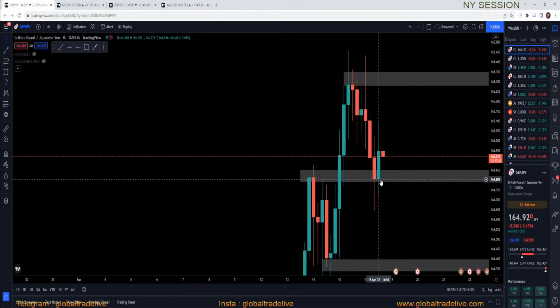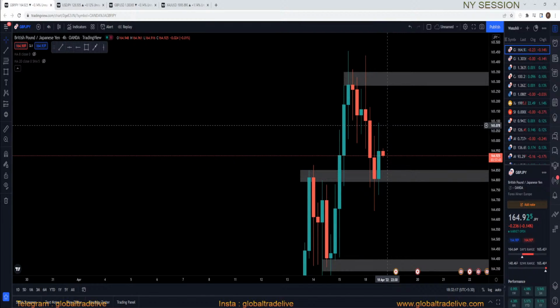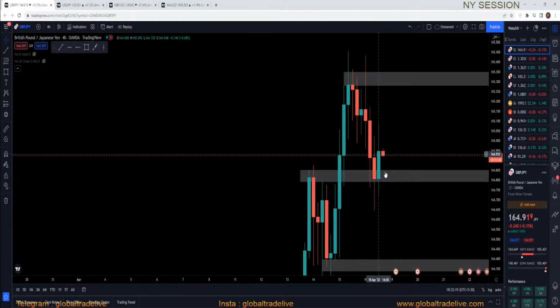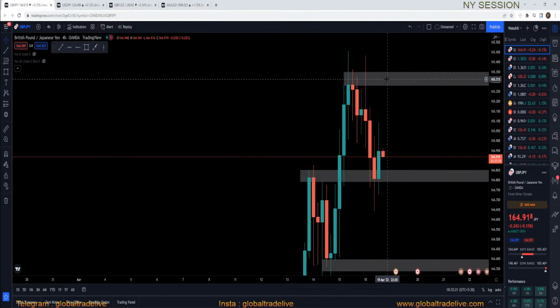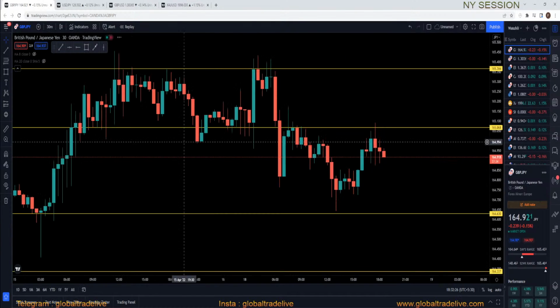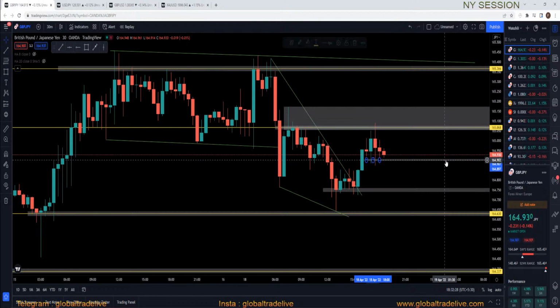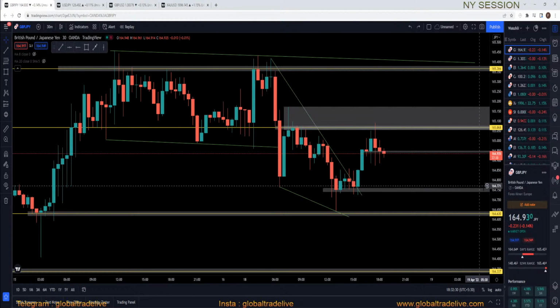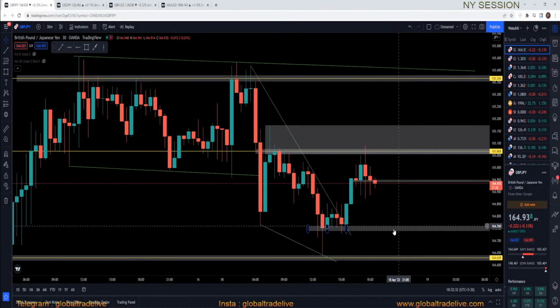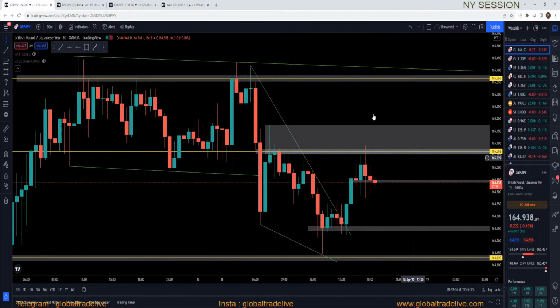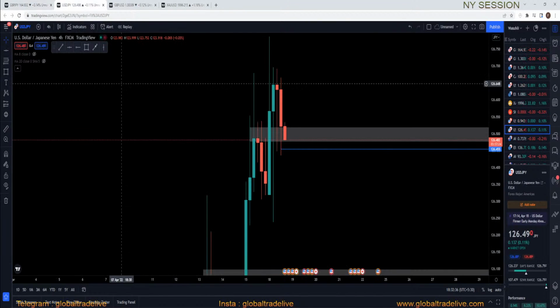So the 4 hour candle closed like a bullish candle, and now the current 4 hour candle can also move up and tap the high it has created earlier. So I think it can move up basically. Yeah, let's see what happens.